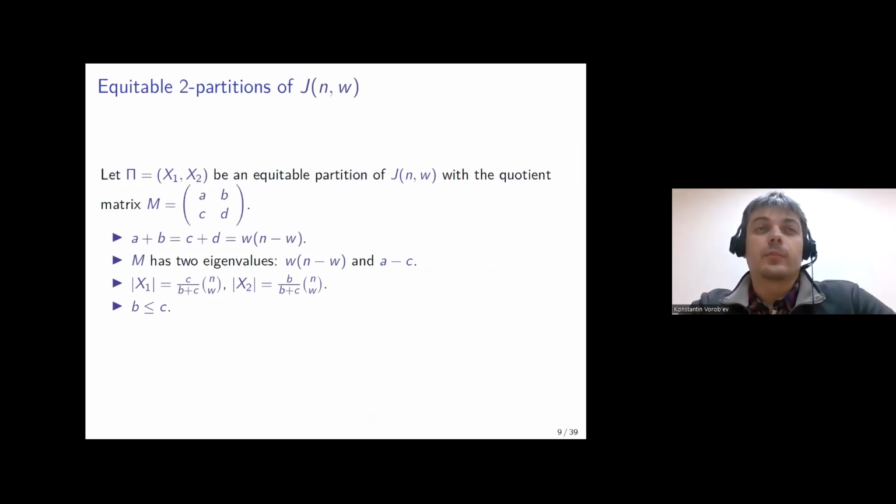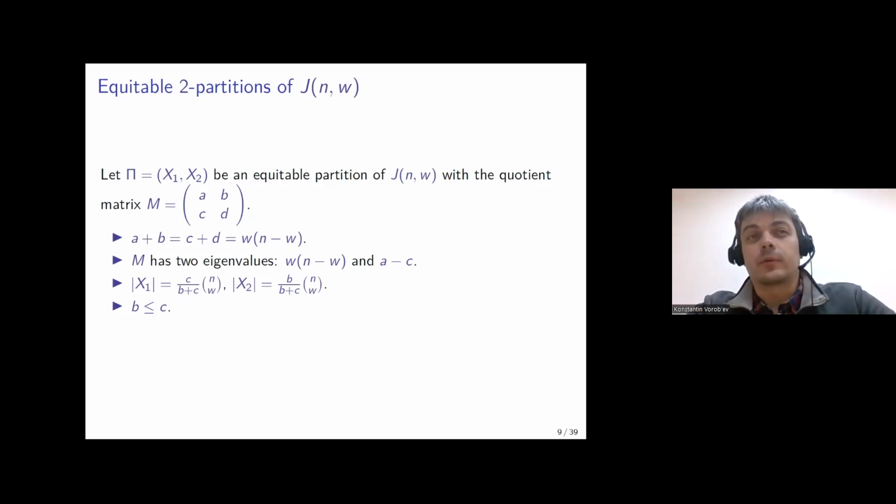Okay, so what do we know about equitable two-partitions in Johnson graphs? Here you can see some simple properties. Let M be the quotient matrix with the entries A, B, C, and D. Then since our graph is regular, we have A plus B is equal to C plus D is equal to the degree of the graph.